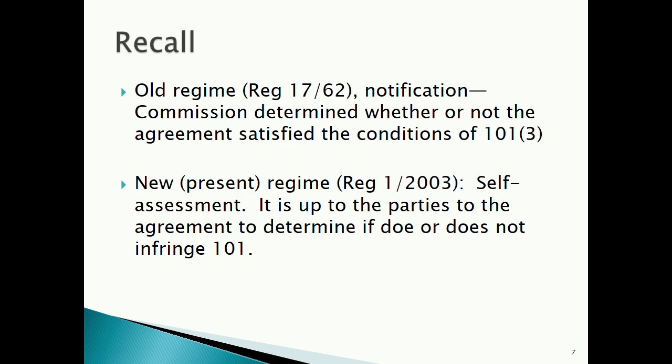Secondly, while the Commission was able to keep in mind what it had done in the past, it sort of had that institutional memory. Okay, that memory wouldn't be present under the new regime of self-assessment. Self-assessment could no longer really occur after May 1st, 2004, not just because of the regulation.